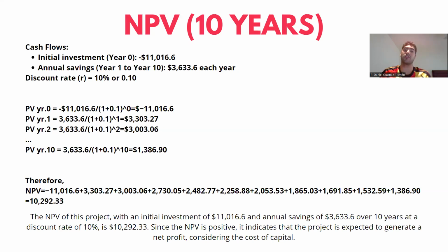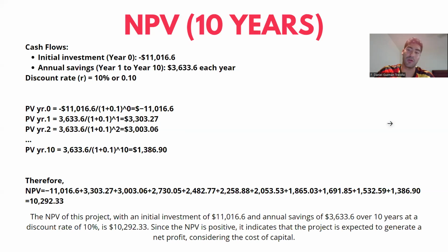And now if we continue doing that all the way to year 10 and sum up all of these additions, we get a total of 10,292.33 pesos. And we can say that since the NPV is positive, it indicates that the project is expected to generate net profit at the end of 10 years.